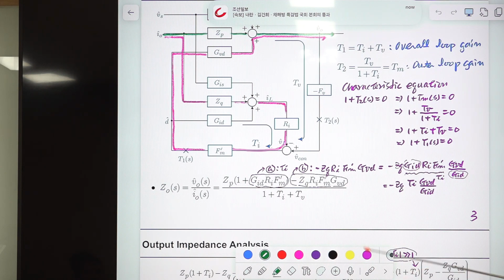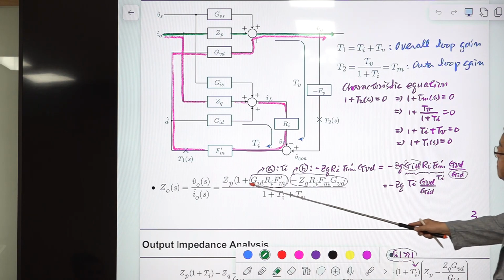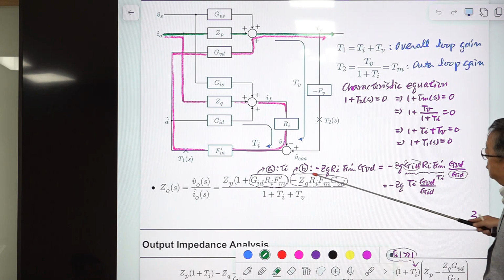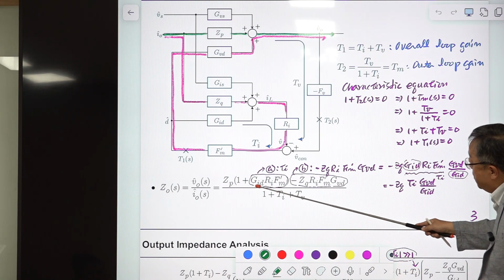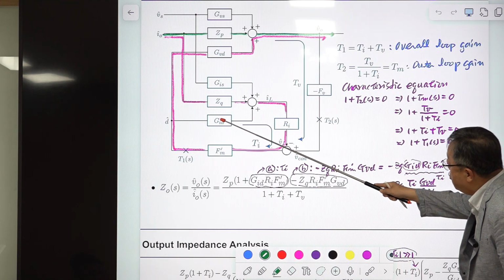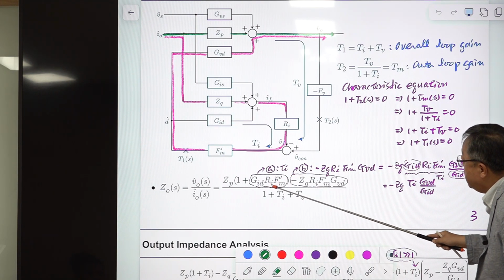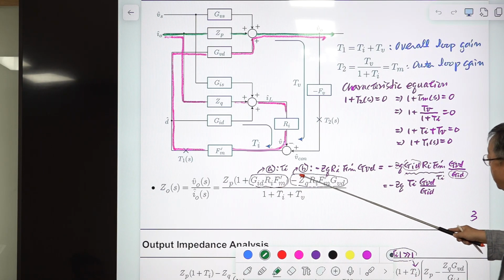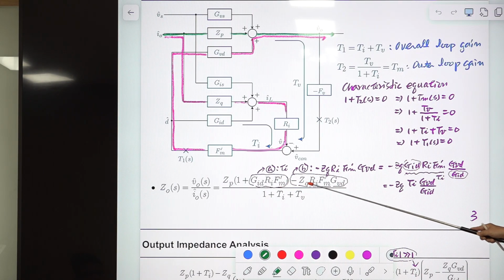Another engineering approach: try to simplify this. All right, so this is the exact expression of this, and this one. This is Ti, we defined the product of this as Ti. So Ti is coming here, and this B part I copied here, GQ, and you multiply by GID here and divide by GID here.